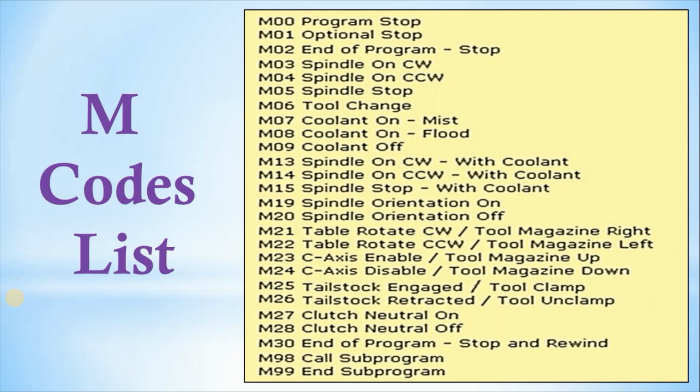Each M code has a specific function, like M00, with which we can stop the program. M01 is an optional stop. What is the difference between program stop and optional stop, we are going to see. And M02 is the end of program, meaning we stop the whole program. The difference between these three stops, program stop, optional stop, and end of program, we are going to see in the next sessions.